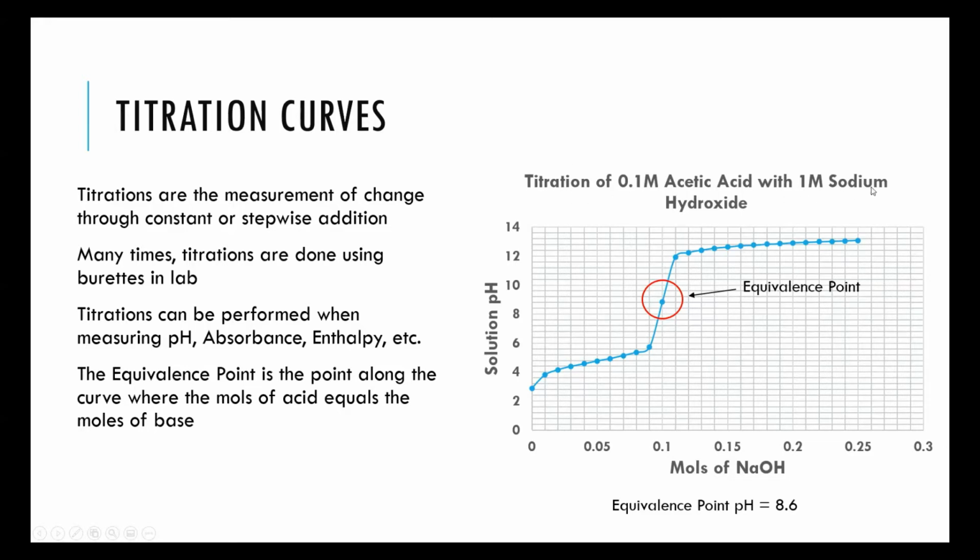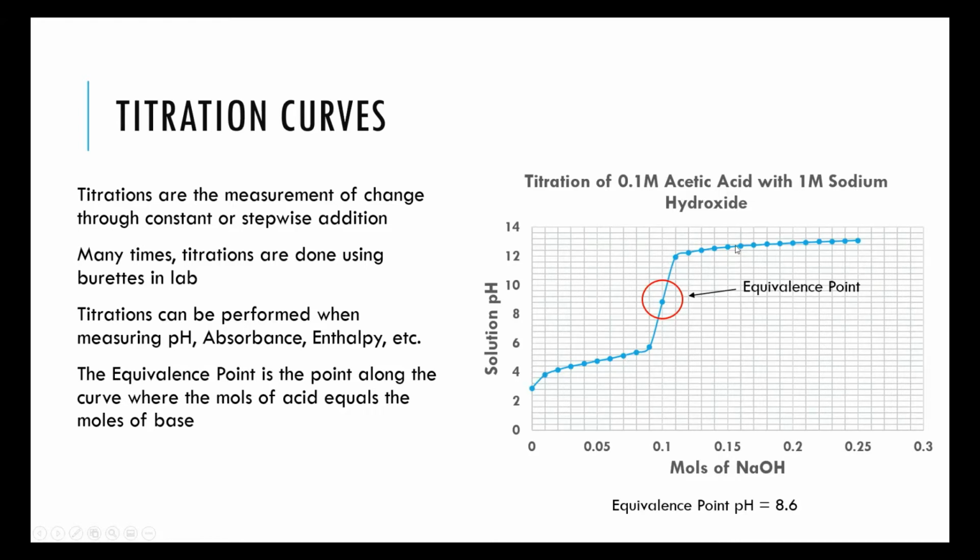So in this particular titration of 0.1 molar acetic acid with sodium hydroxide, the equivalence point was about 8.25 based on this graph. So when you would be choosing an indicator, where you want to know at what point the moles of acetic acid are equal to the moles of sodium hydroxide, an indicator would be chosen that changes color at approximately this pH.